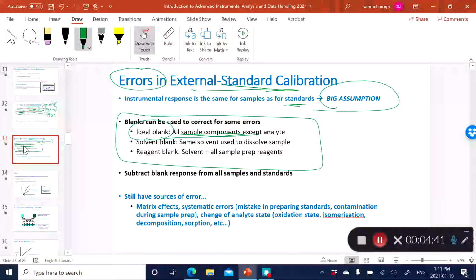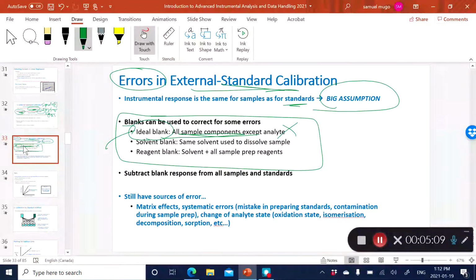In fact, in an ideal environment, you should ensure that you expose the blank to the same environment as the sample. So that means you have to take this blank all the way and expose it to the same environment as the sample, which, again, is impractical. So for that reason, ideal blanks are impractical in analytical chemistry.